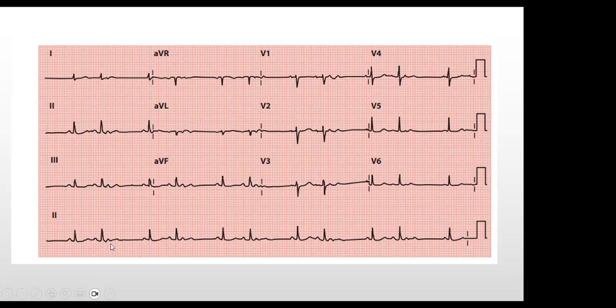Okay, so what's your final diagnosis? My final diagnosis is premature atrial complex in bigeminy. So, atrial bigeminy, definitely not ventricular bigeminy. Yes, sir.